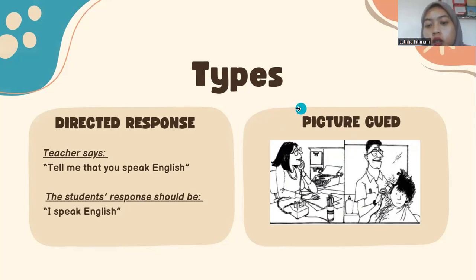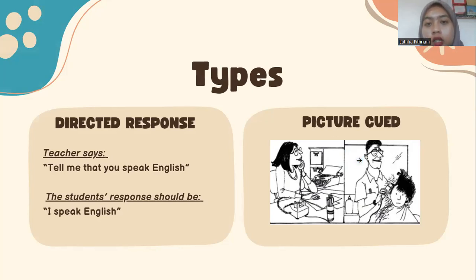So the teacher will give this picture to the students, and the teacher will ask some questions to the student according to the picture. For example, what are they? So the student should answer the teacher's question according to the picture.